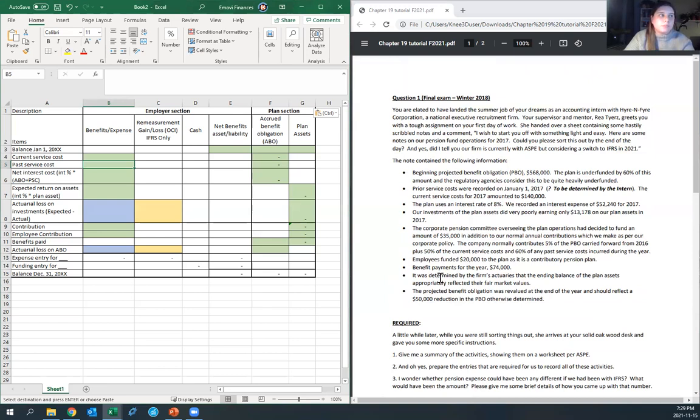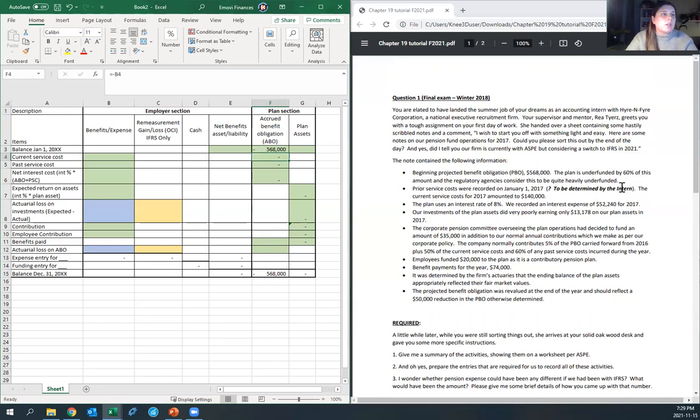So first, what they're telling us is that BPO is the same as ABO, by the way. It's just that under IFRS and ASPE, they're named differently, but it's the same thing. So the beginning projected benefit obligation is $568,000. I'm going to put that as a negative because the balance of the ABO is a credit balance.